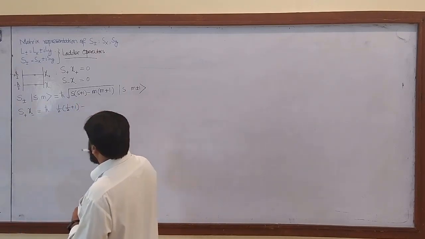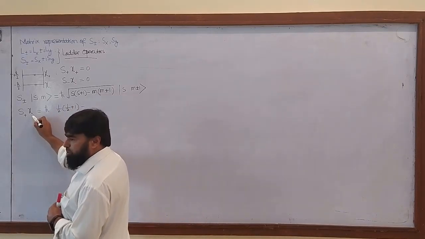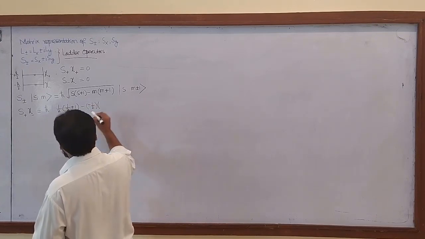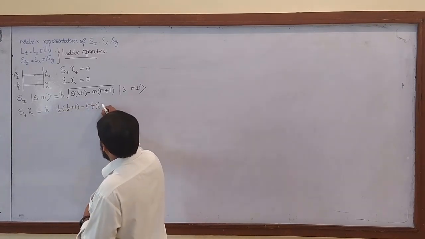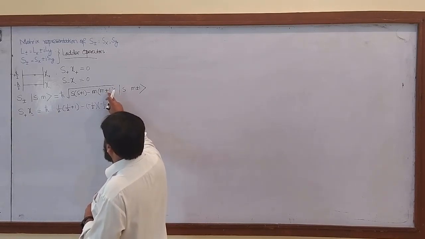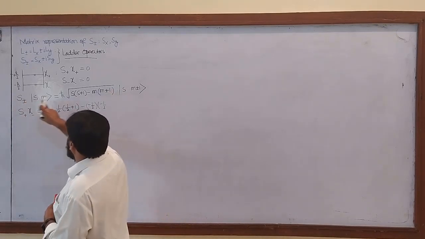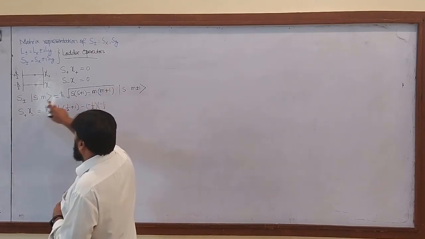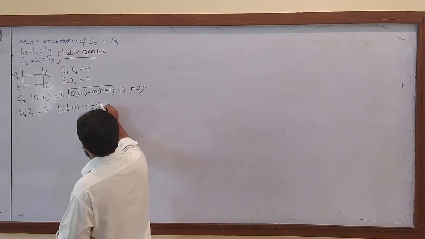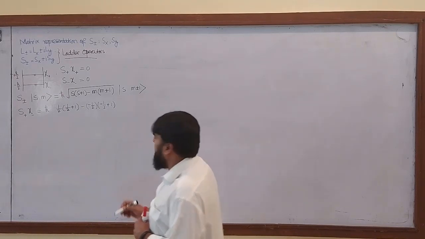Then minus m, and for chi minus, m is equal to minus half, and then minus half for m times plus 1 or minus 1. Plus 1, because for s plus we have plus, and for s minus we have minus. So it will be plus-minus.